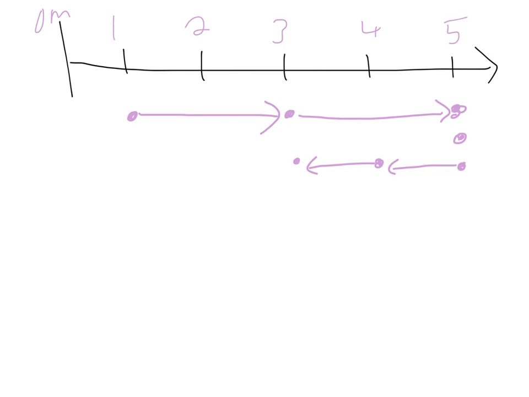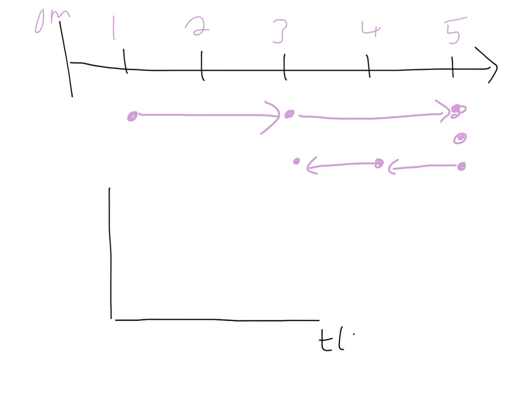Given that motion map, we can very easily make the position time graph because the map literally shows us where the motion is. So let's draw our position time graph. There we go.